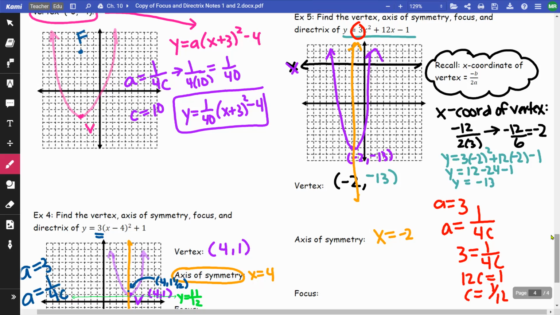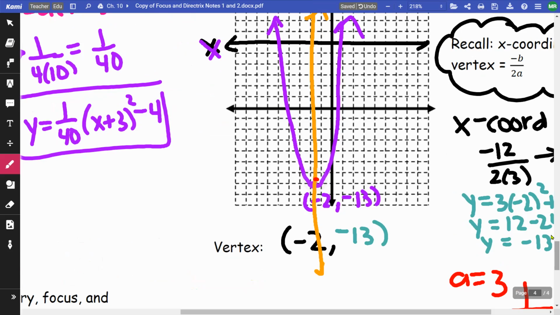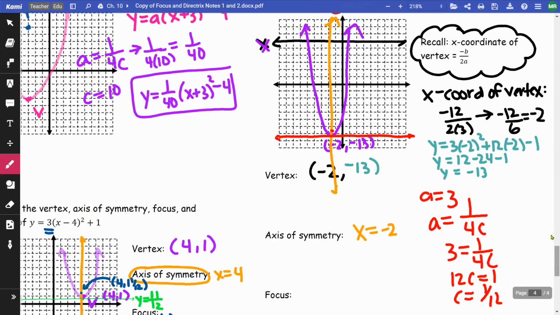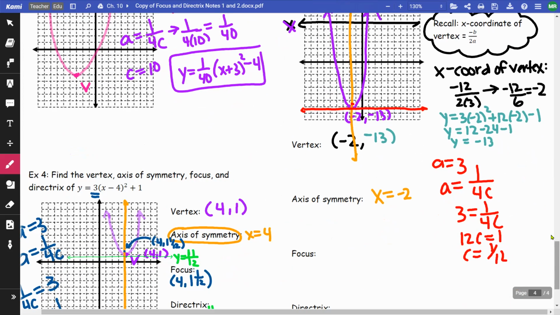So if my C is 1/12, that means I'm going to be going up 1/12 above and 1/12 below. So I need to know how to find the focus and the directrix.